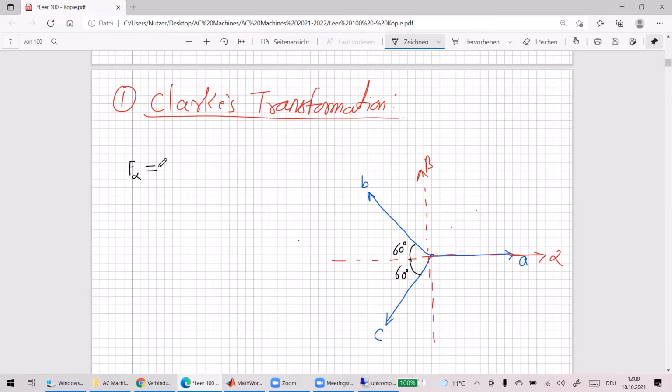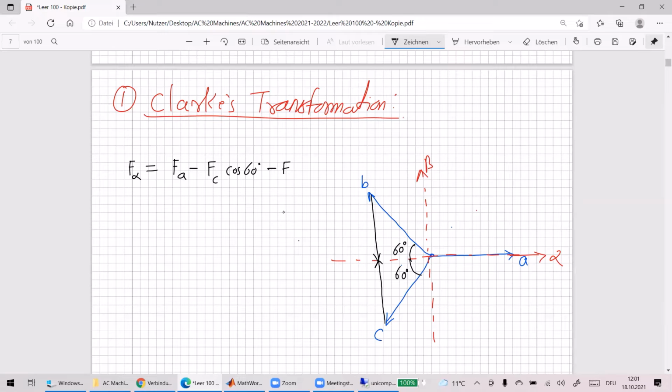So F alpha is FA for sure, because it is along that x-axis, and then we resolve C and B. You can see it's 60 degrees, so this is going to be minus FC cos 60 degree. Why minus here? It is in the negative alpha axis. That is why we have a minus.